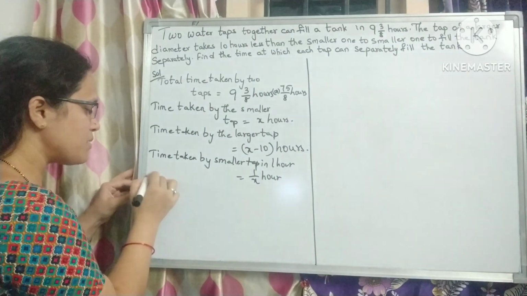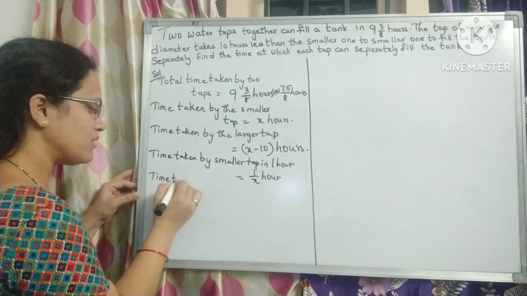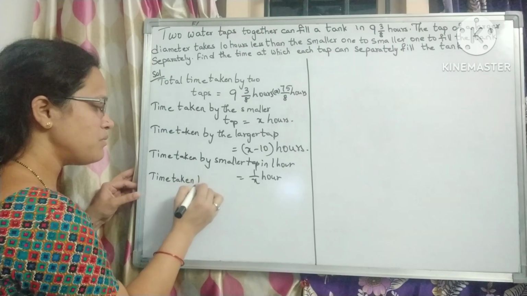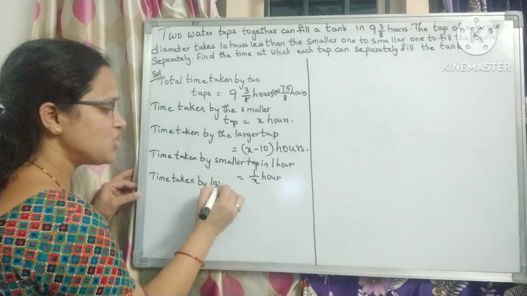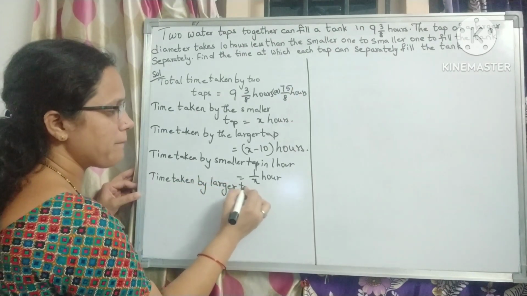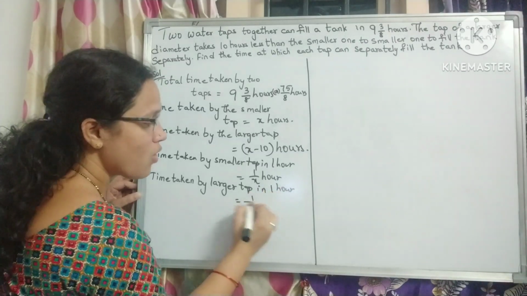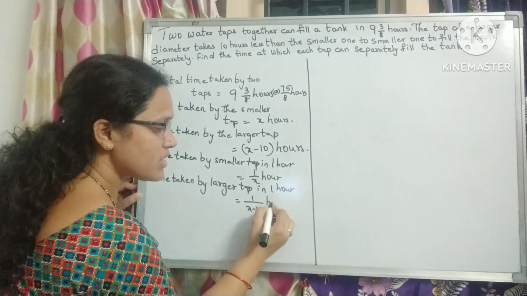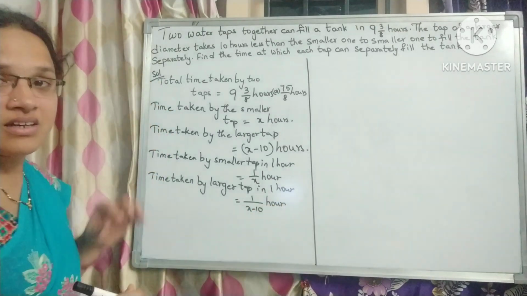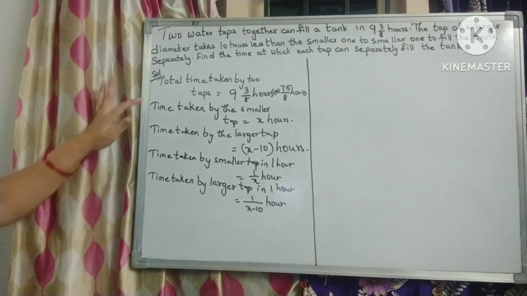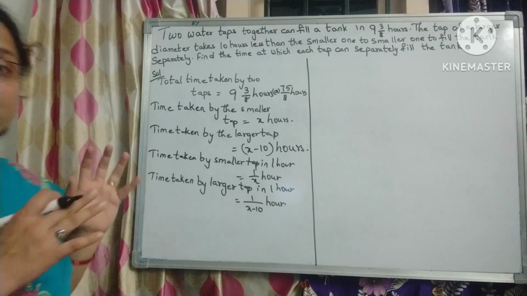Now, in a similar manner, the work done by the larger tap in 1 hour is 1/(x minus 10). Is that clear?